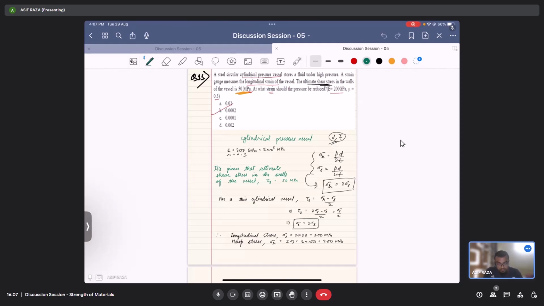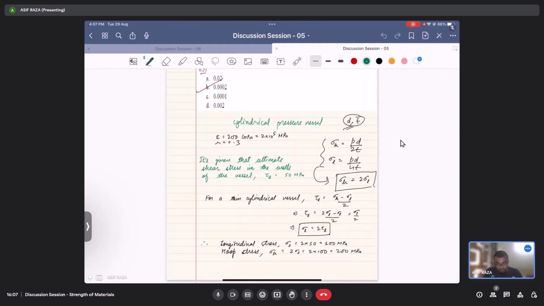According to the question, the ultimate shear stress in the walls of the vessel is 50 megapascal, that is tau s is equal to 50 megapascal. For a thin cylindrical vessel we know that the maximum shear stress is equal to sigma 1 minus sigma 2 by 2, and in this context, hoop stress minus longitudinal stress upon 2.